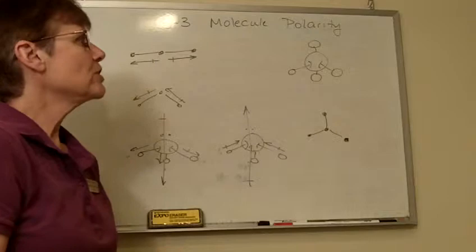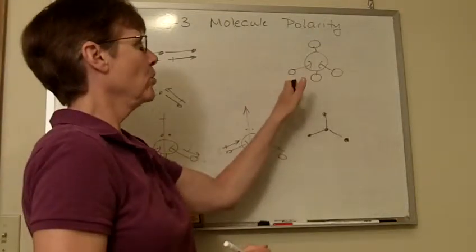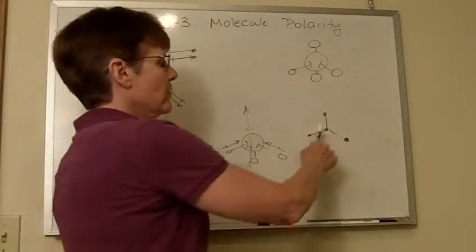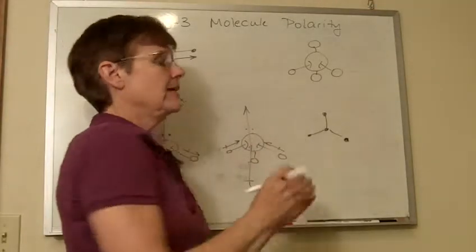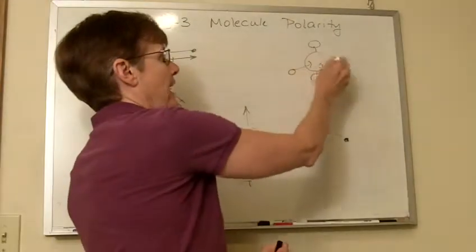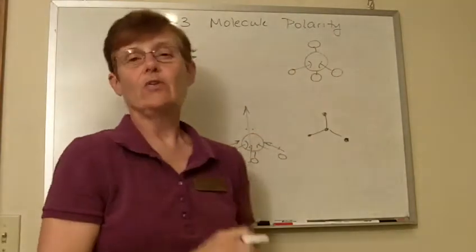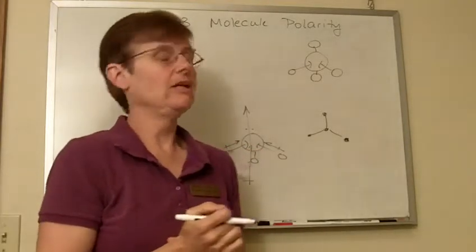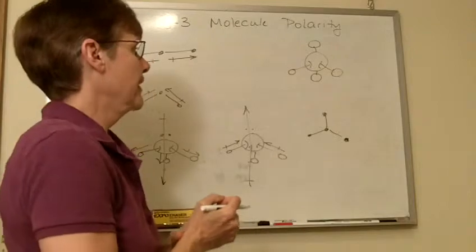All right, you are much less likely to get polar molecules with these arrangements because even if the bonds are polar, that statement assumes that the outside atoms are the same. If you have some mixture of outside atoms, then you can very easily get polarity. So let's think about that.